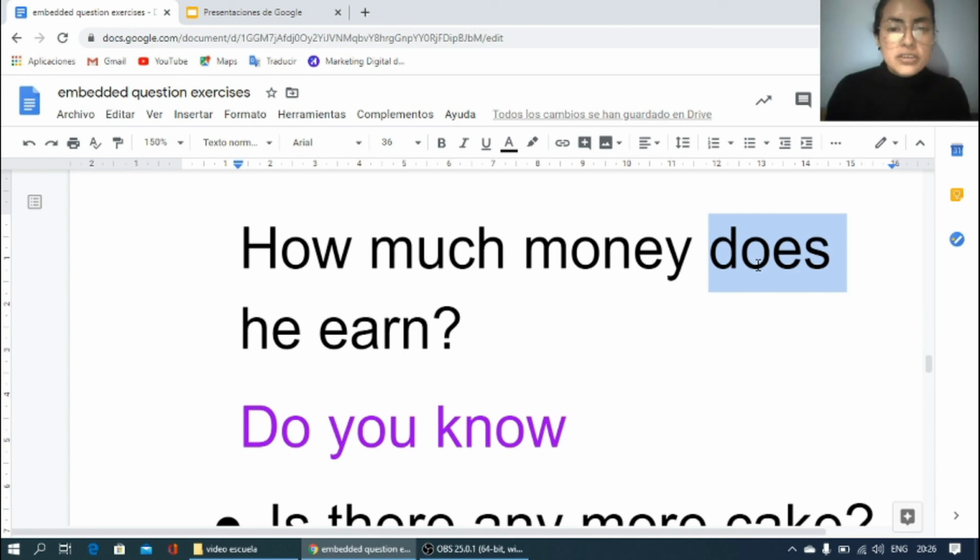Only in question and negative sentence. But when you make a sentence in present simple, you have to put the s in the verb in the third person, he, she, and it.